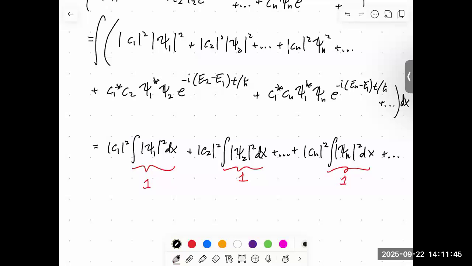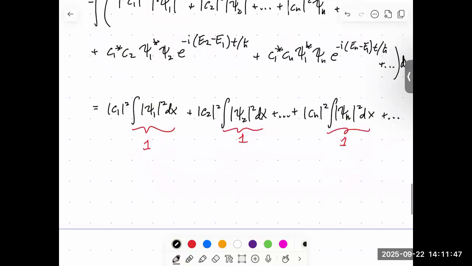And so now we have cross products to deal with. So the first one is going to look like, let's see, C1 star, C2, and then this integral is over x, and so the exponential has no x dependence, so I could pull it outside.